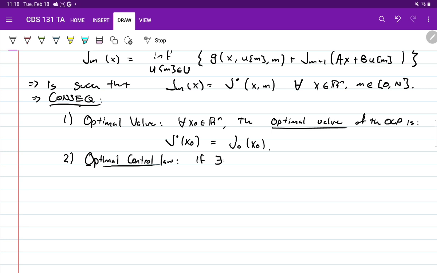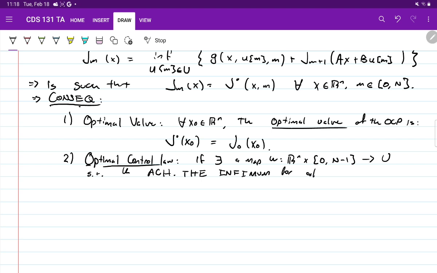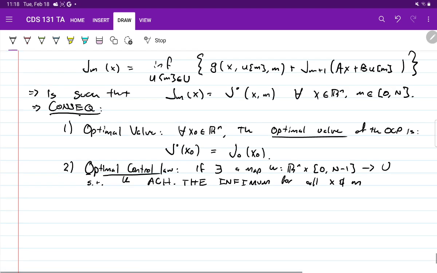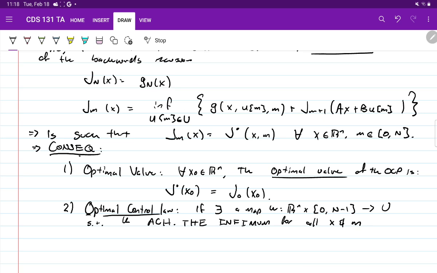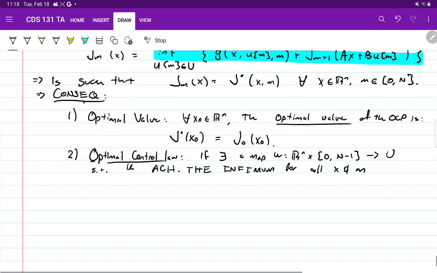Well, if there exists a map K, which goes from your state space Rn, crossed with the interval 0 to n minus 1, into your input value space U, such that K achieves the infimum for all x and m. So for each m, K is going to achieve this infimum, which we defined up here. Then what can we say about K?